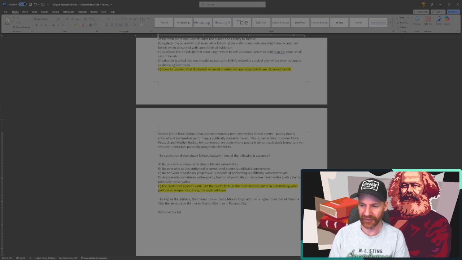Which of the following arguments is most similar in its reasoning to the argument above?